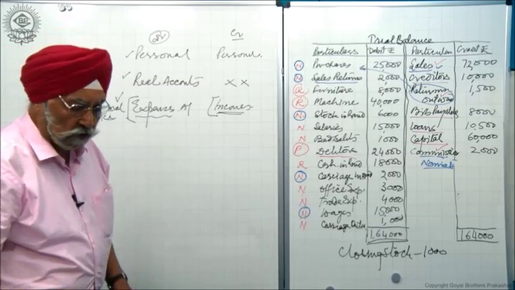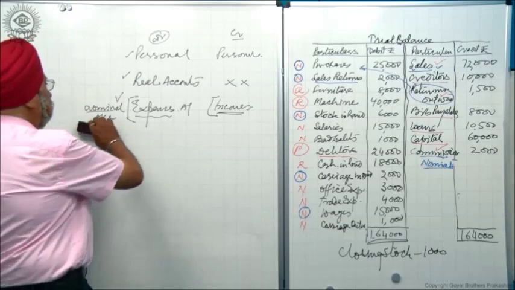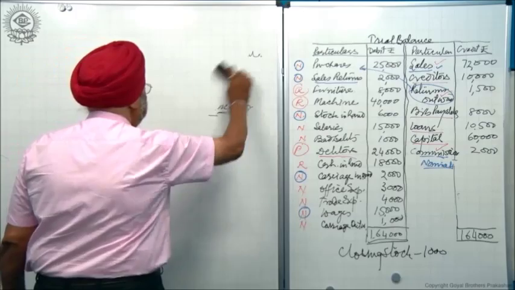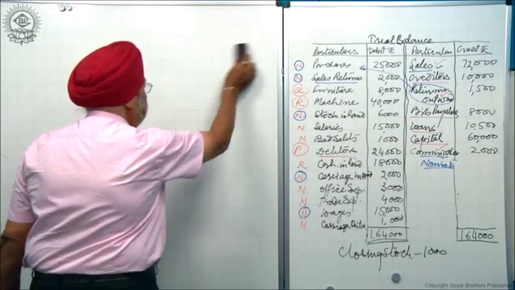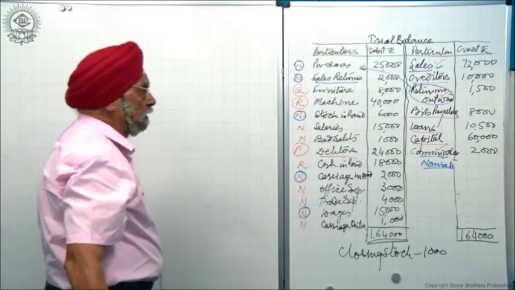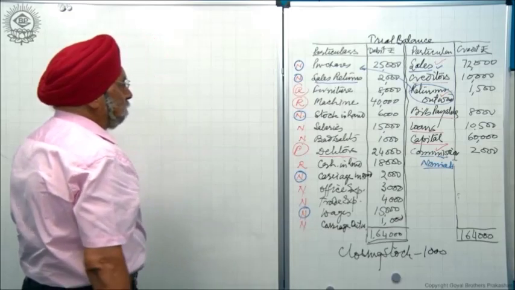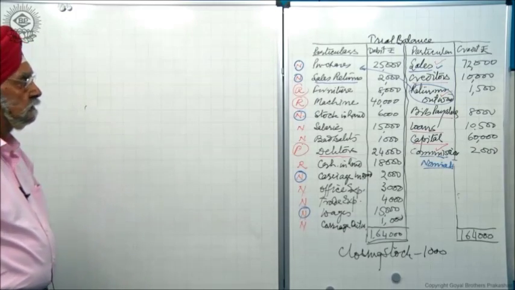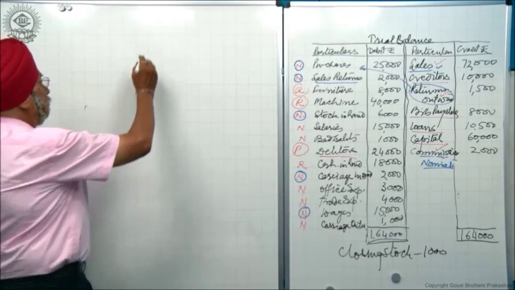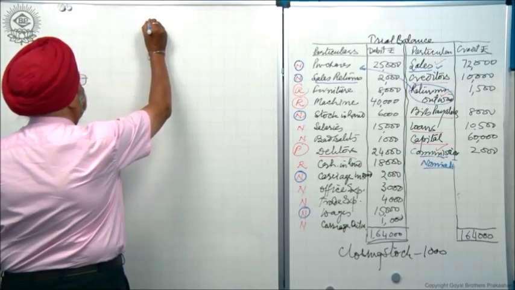Now, how to calculate our gross profit and net profit? For this purpose, we have to prepare the trading account and the profit and loss account. We will prepare the trading account.